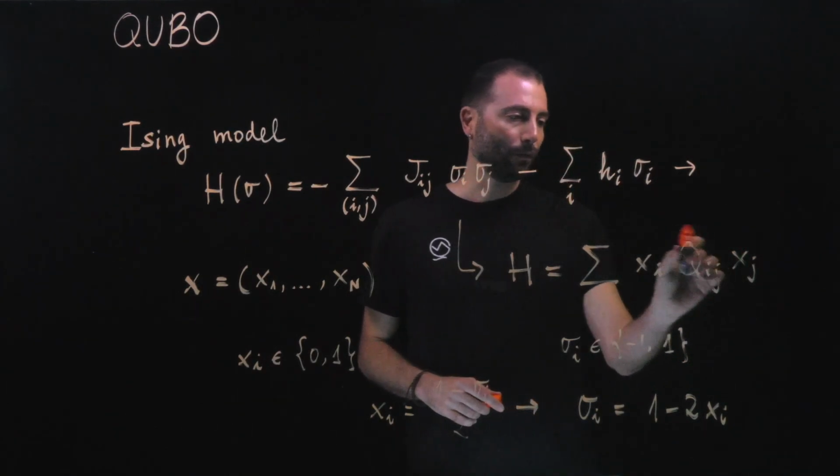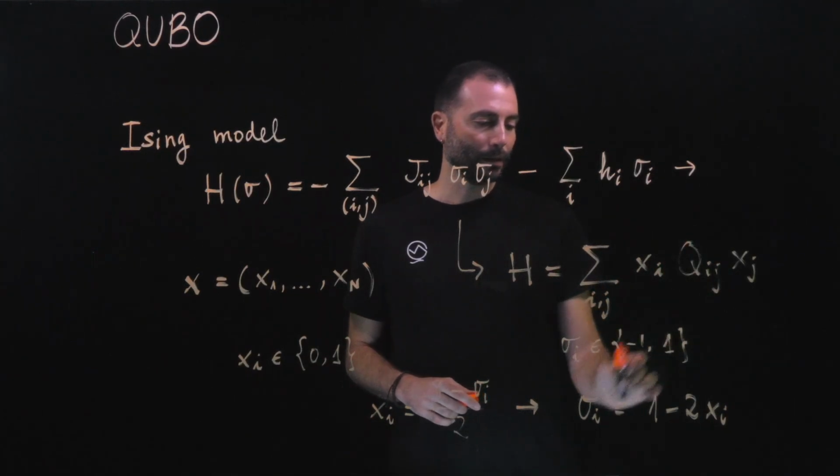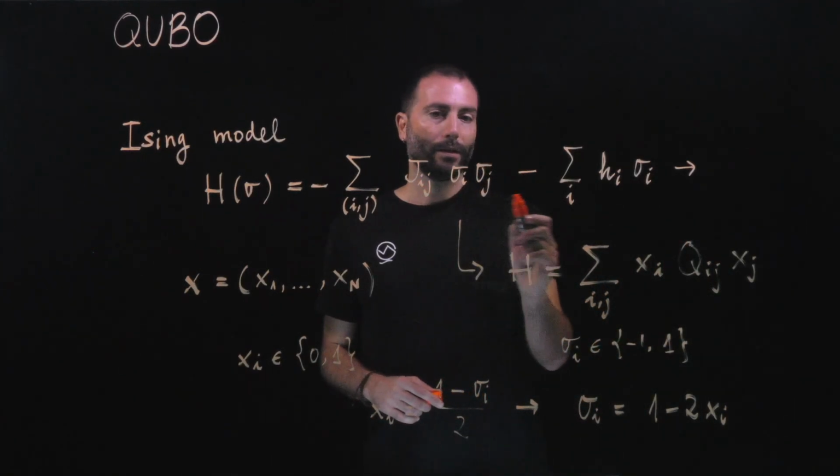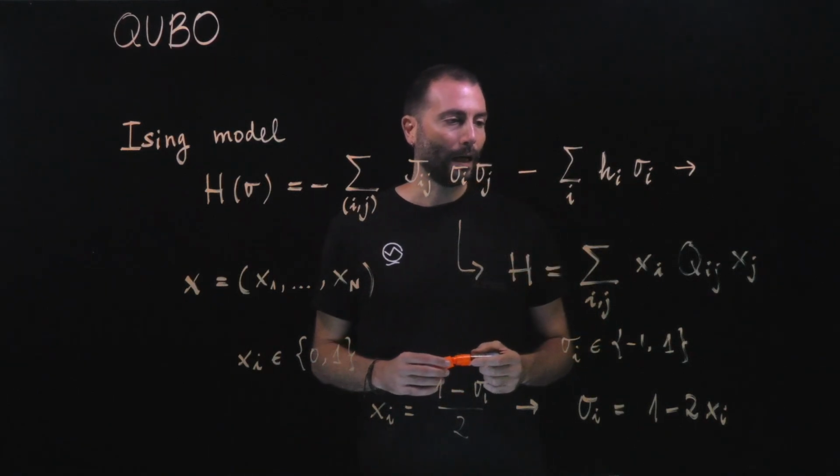We just have to derive which are these matrix elements depending on J and h.